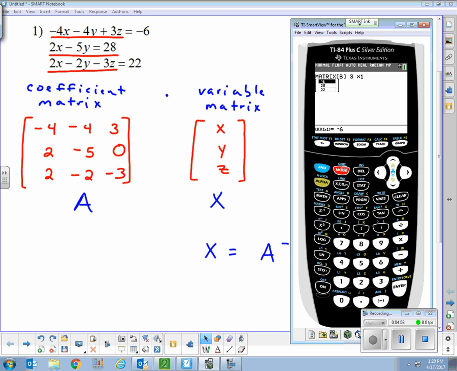And if everything works out perfectly, then all I have to do is go to my matrix menu, get the name of matrix A, inverse. I'm going to multiply it times matrix B, and I get 4, -4, -2.